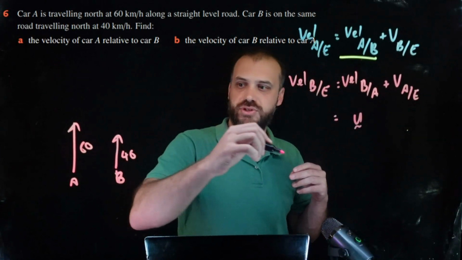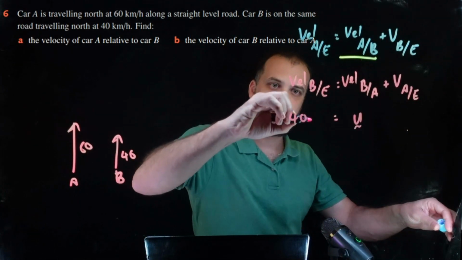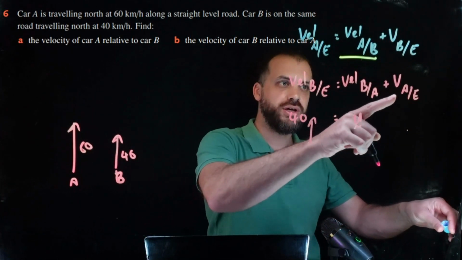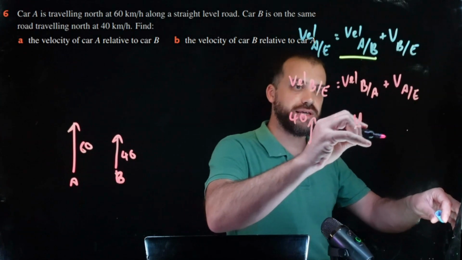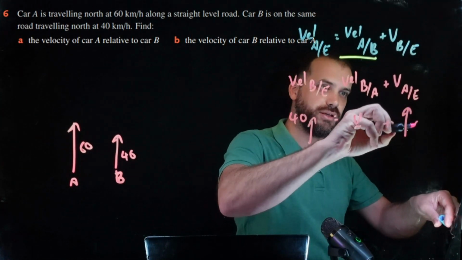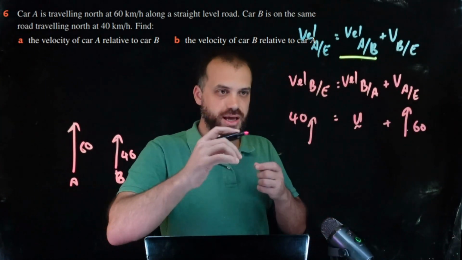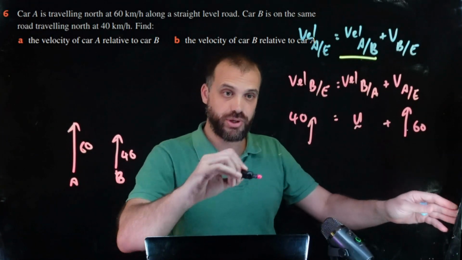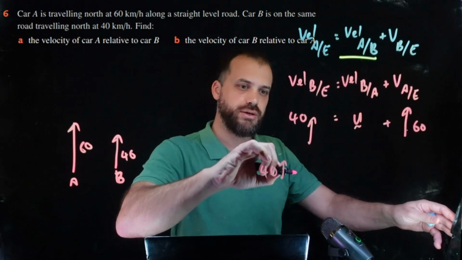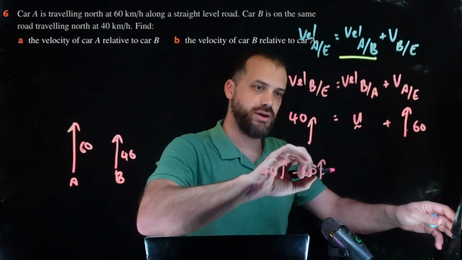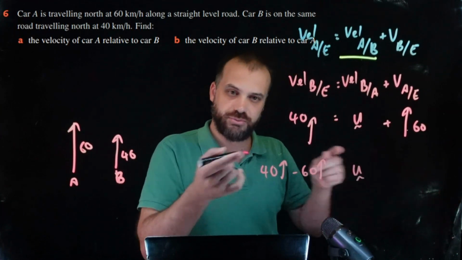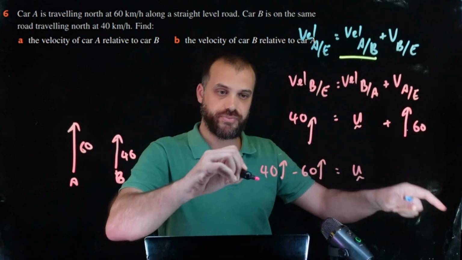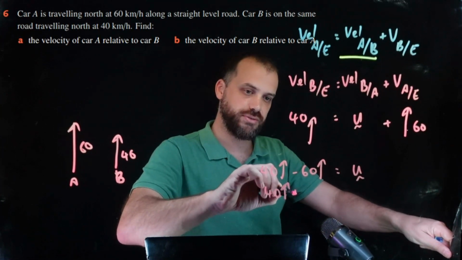Velocity of B relative to the Earth is 40 in that direction. Velocity of A relative to the Earth is 60 in that direction. And then we can rearrange this like we would any other equation. 40 minus 60 with an arrow equals u. If we're subtracting vectors, we're adding the reverse of that vector.